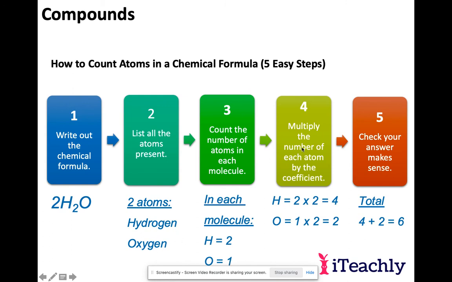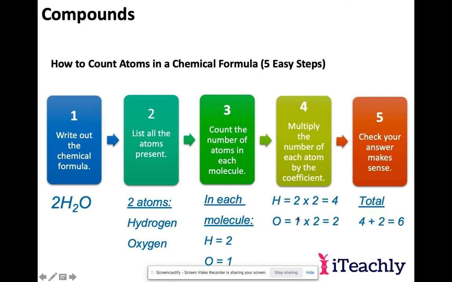What's the next step? I need to multiply the number of atoms of each element by the coefficient. So hydrogen, remember we said, had a subscript of 2 times the coefficient of 2. So there's 4 hydrogen atoms. Well, how many oxygen atoms are there?